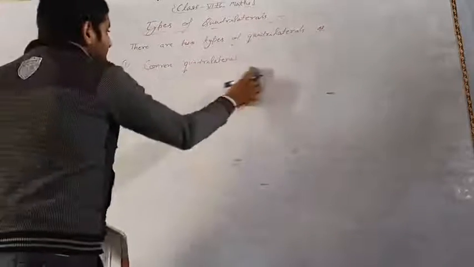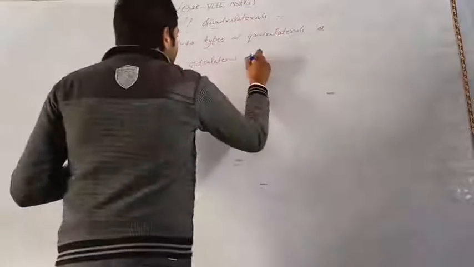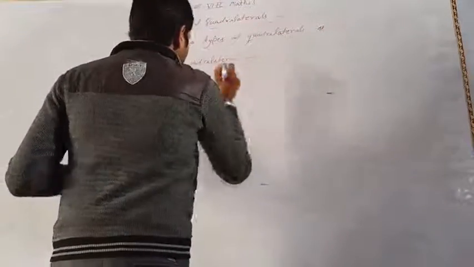What is a convex quadrilateral? First of all we define convex quadrilateral. You have to write it also.